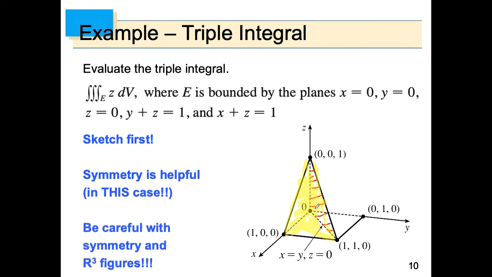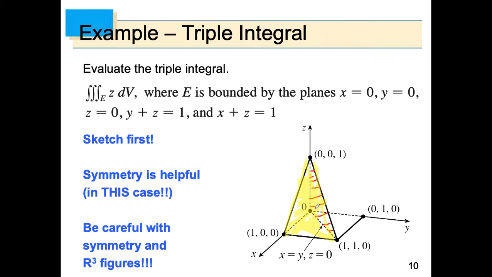Well, let's take a look at the fact that we have symmetry. One thing I will mention though is when it comes to R3 figures, three-dimensional figures, and later on when we get to what are known as hypersolids or hypervolumes, symmetry is almost useless. But in very basic cases, symmetry does work. And again, I'll be explaining this more in detail later.